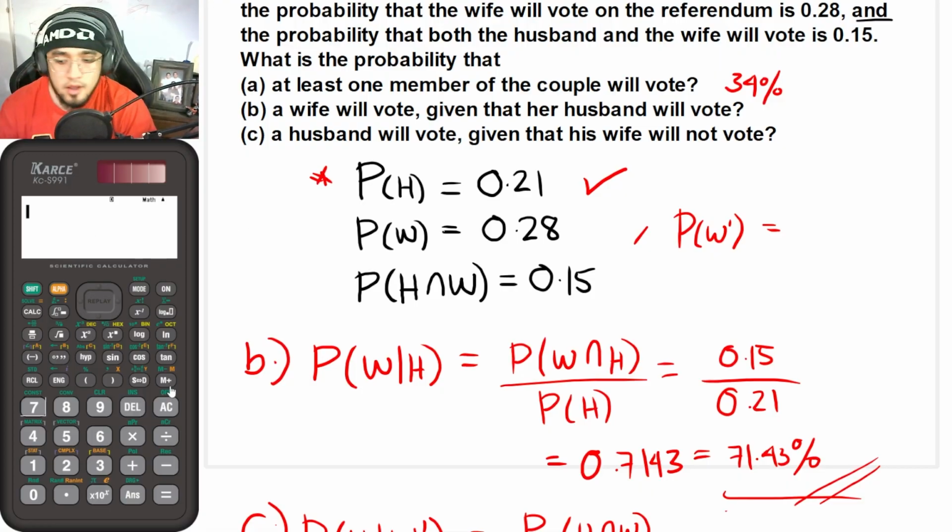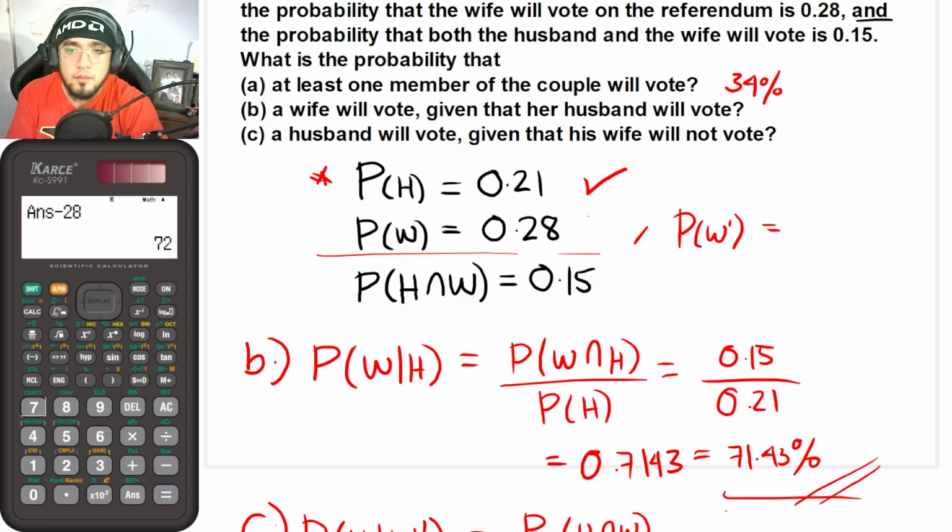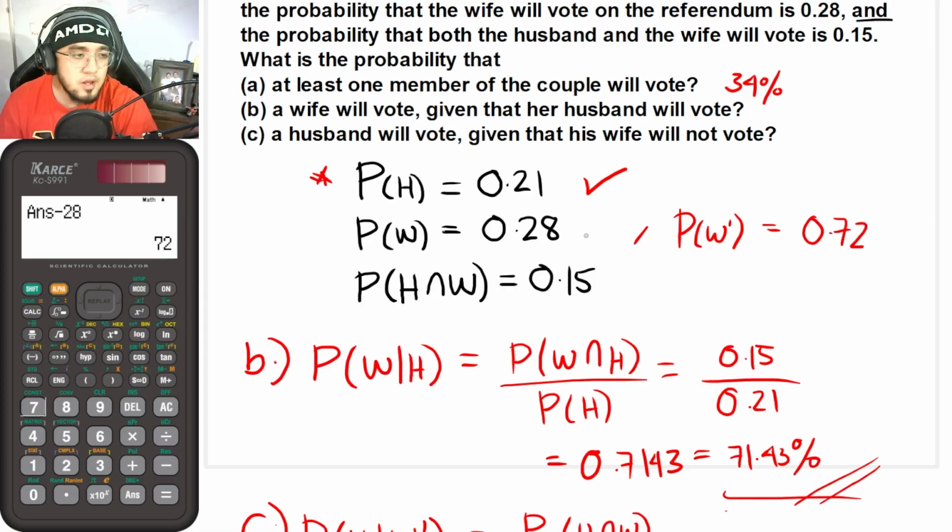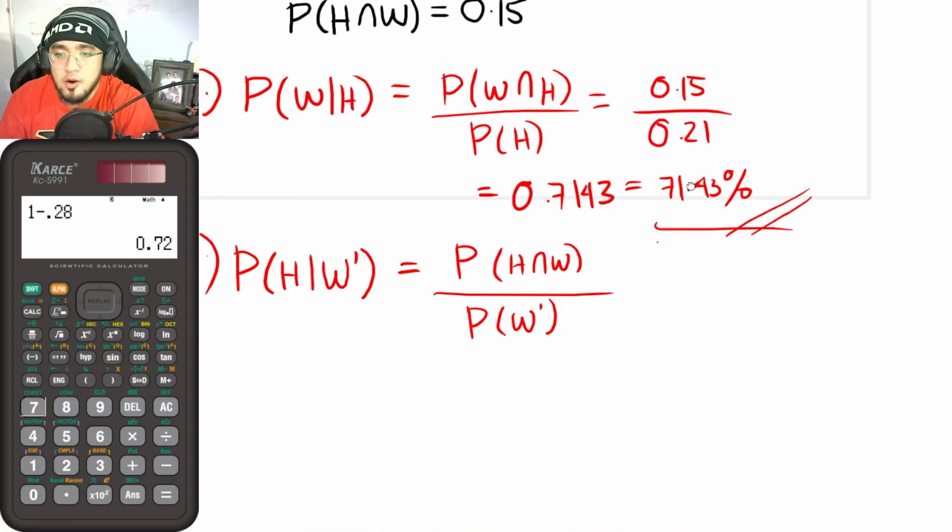In a total of 100, if 28% will be deducted, that is now 72%. So the complement of 0.28 is equal to 0.72, or in other words, 1 minus 0.28. If you add 28% and 72%, that should be equal to 100%. So that is for its complement.